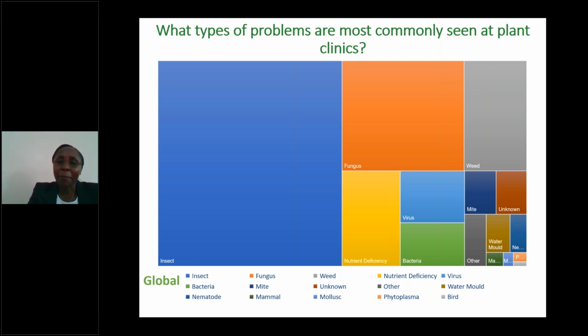So we tend to see them at the clinics. Sometimes the plant doctors are able to identify down to the species level, but sometimes it's just generalized as a fungus, or a bacteria, or a nematode, or a phytoplasma. So these are the kinds of scenarios that we see when we lump the data we have globally in the clinics. Next slide, please.